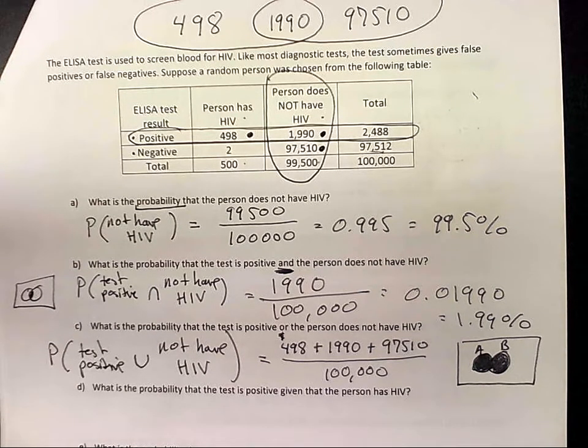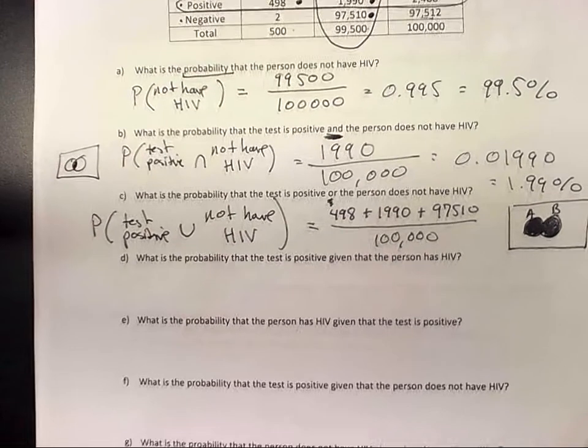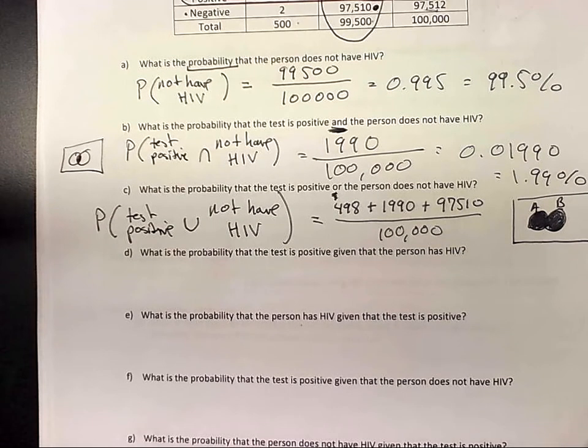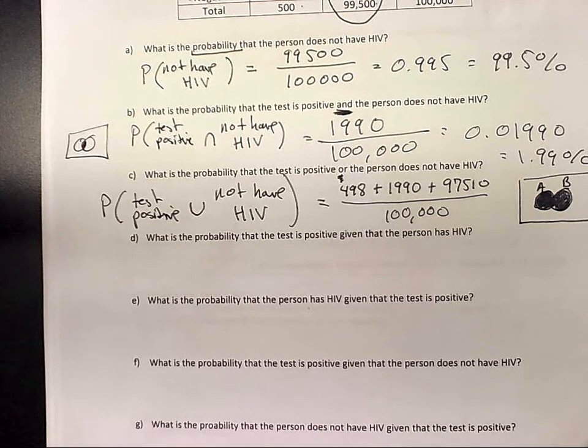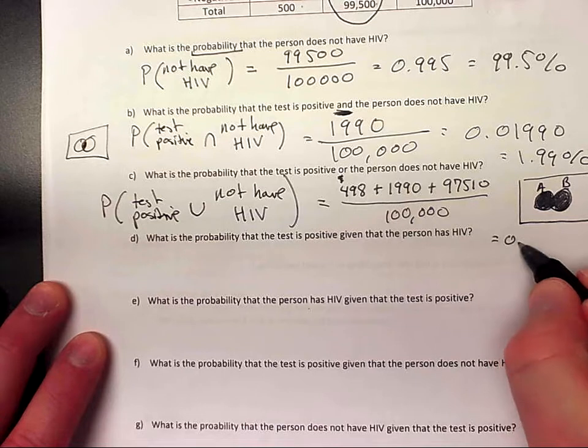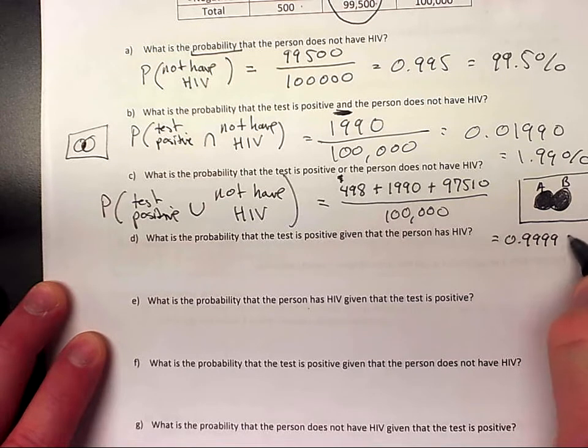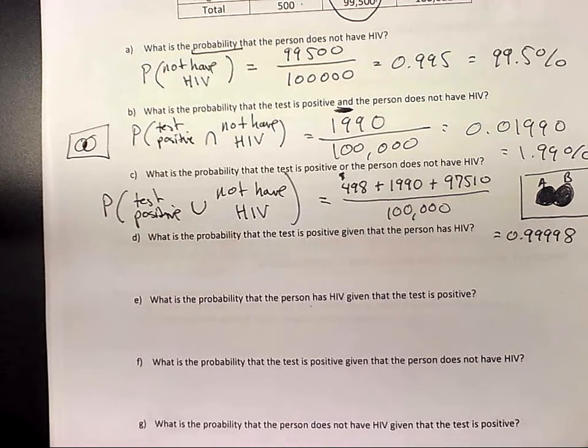Is everybody good with this so far? How do you guys feel about this? Good? All right, if you do this arithmetic, what do you get? Yep, 0.99998.